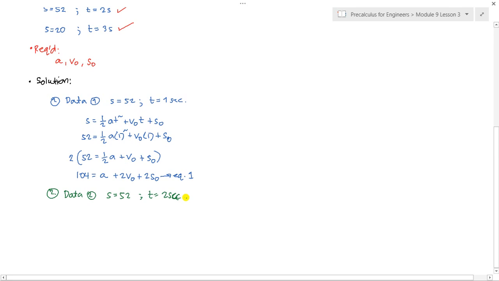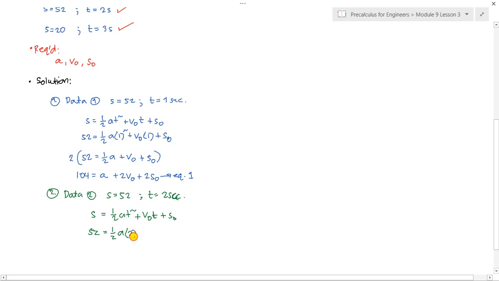And, ato na siya i-substitute sa ato ang general equation. That is the general equation, S equals to 1/2 AT squared plus V naught T plus S naught. So, our S here is 52, so 52 is equals to 1/2, then our A here is unknown man.